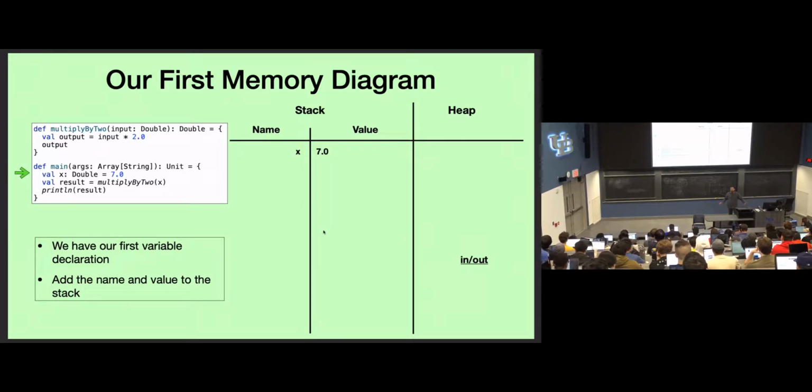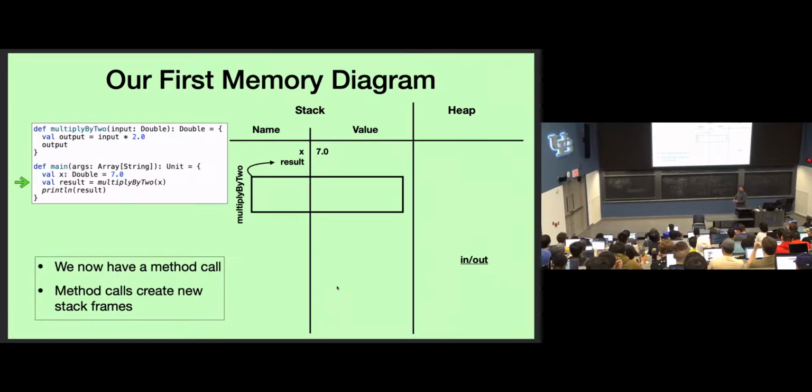Fairly straightforward, I hope you agree, but I want to get all of the notation, all the structure out there. Stack memory, and this is actually what's happening on the stack in our physical memory sticks, our RAM sticks, and this is how we're going to visualize it in our memory diagrams. Name and value under the stack, then heap, which we're not doing anything with, and then input/output. So the name x stores the value 7.